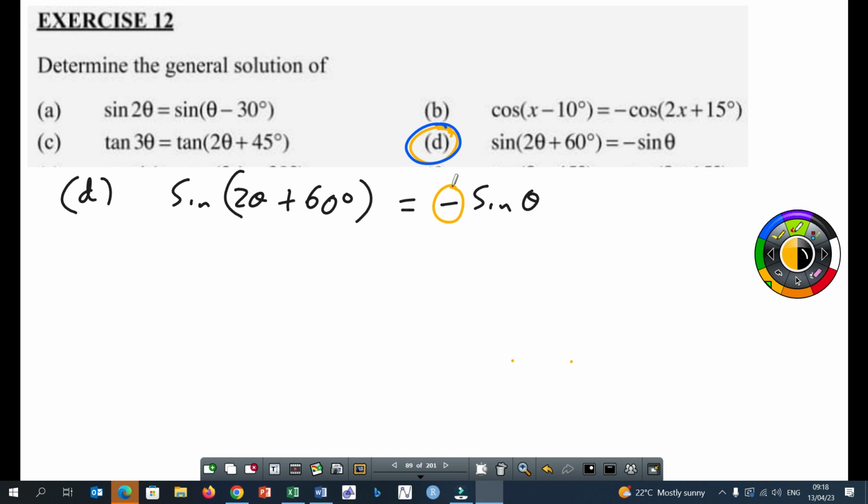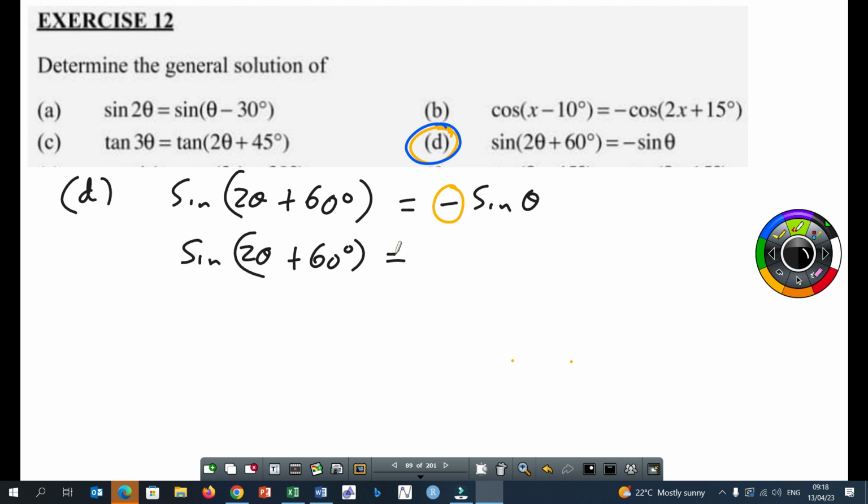That minus there. So the best way of carrying on to the next step is to use your knowledge of reductions. I'm sure you are aware that if the angle is in the fourth quadrant and it's negative, we have sine minus theta, isn't it?